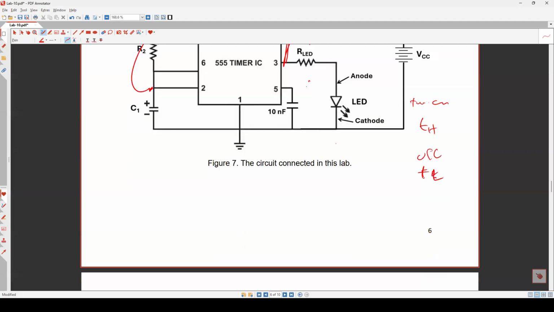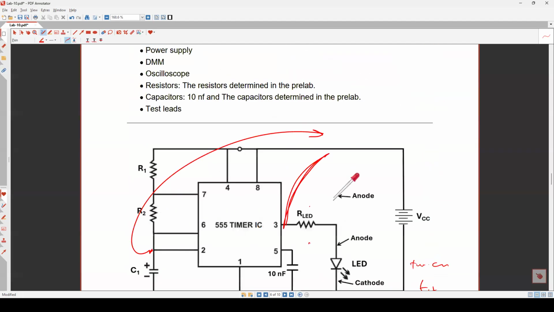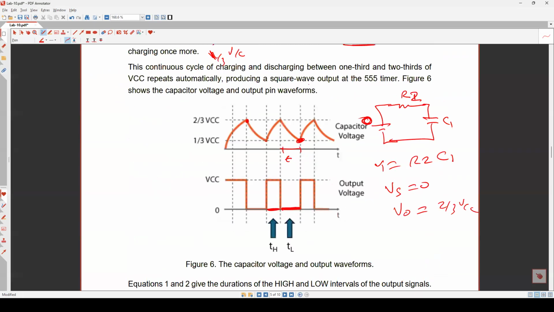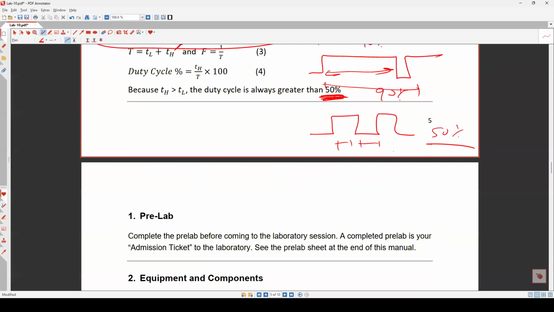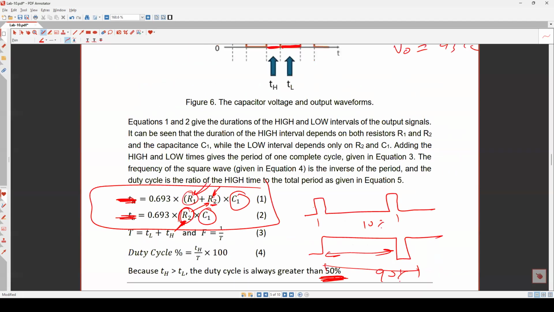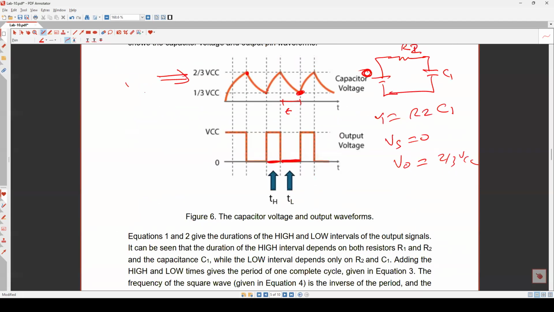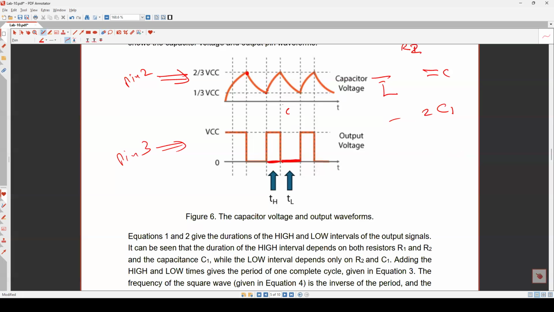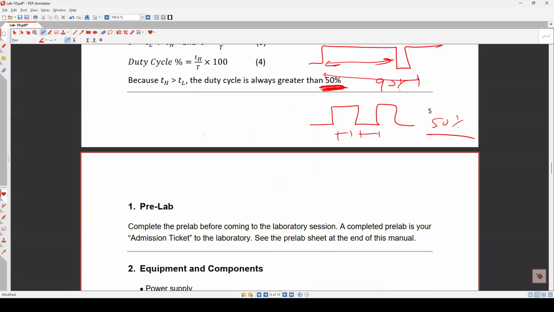You have to take a picture of this, because I asked you to do it. Here you have to see the capacitor charging, at pin number 2. You need to use 2 channels. This is pin number 2, and this one is pin number 3.